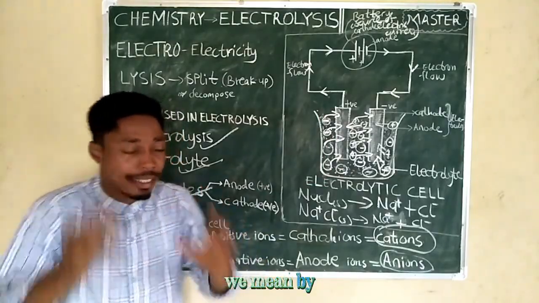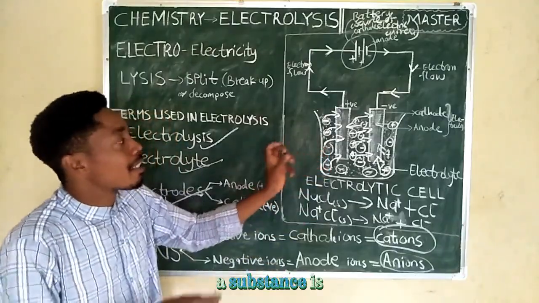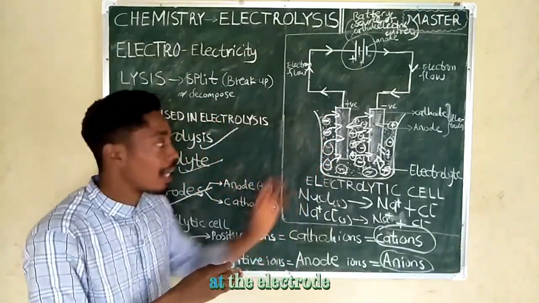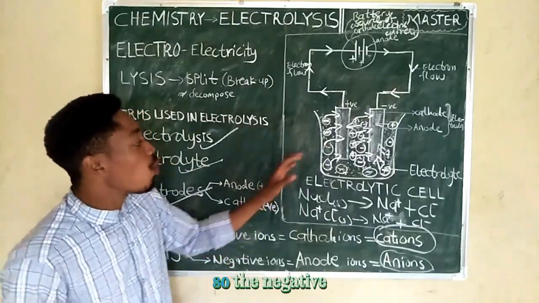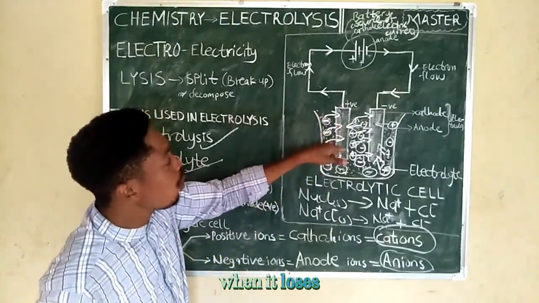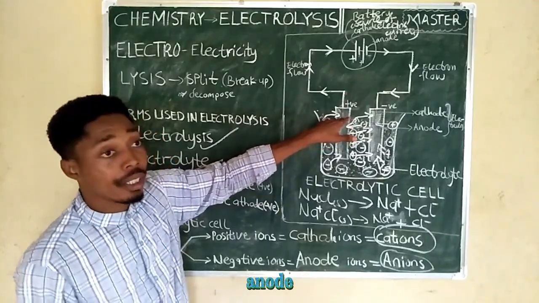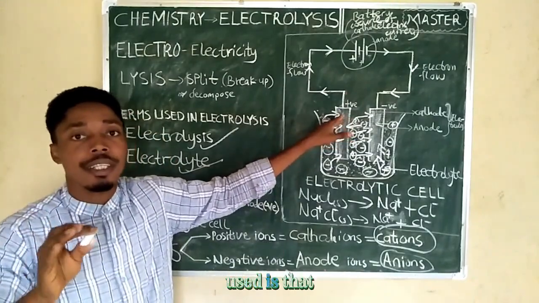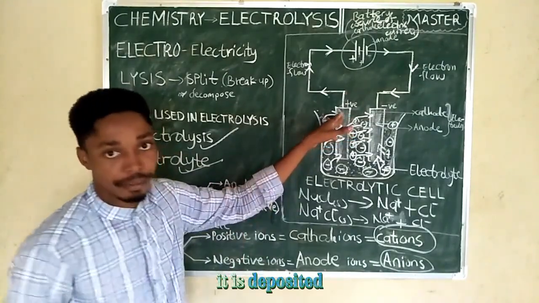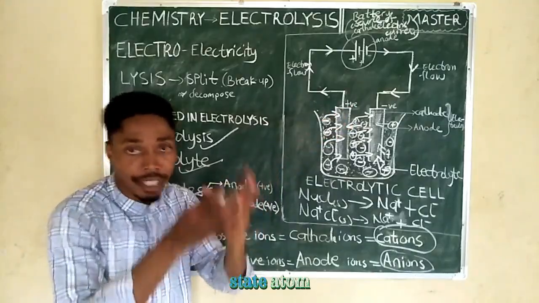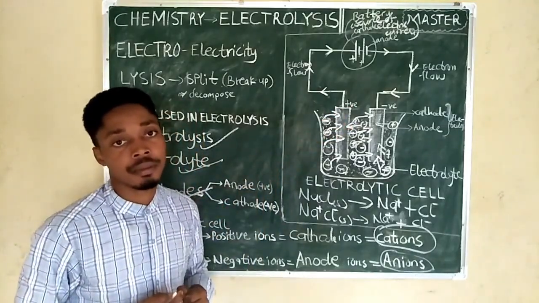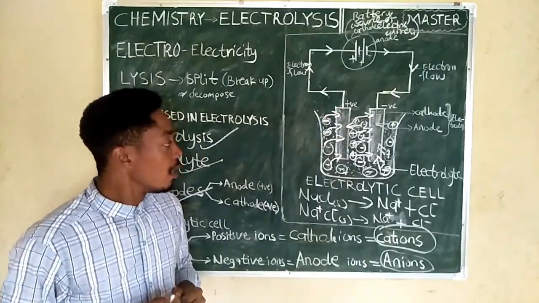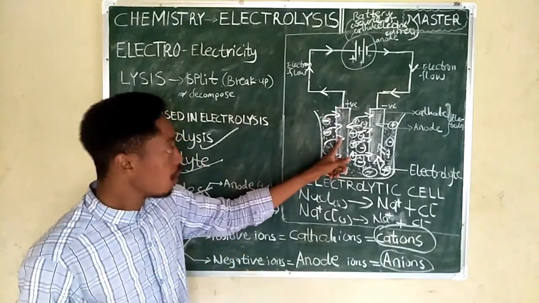This is what we mean by saying that a substance is discharged at the electrode. So the negative ion, when it loses electron at the anode, is called discharge. Another word being used is that it is deposited as a ground state atom.